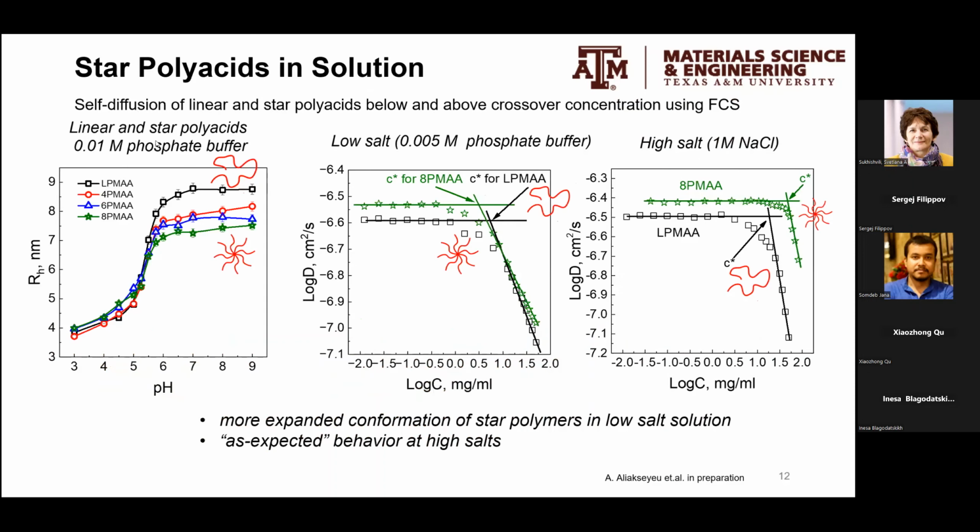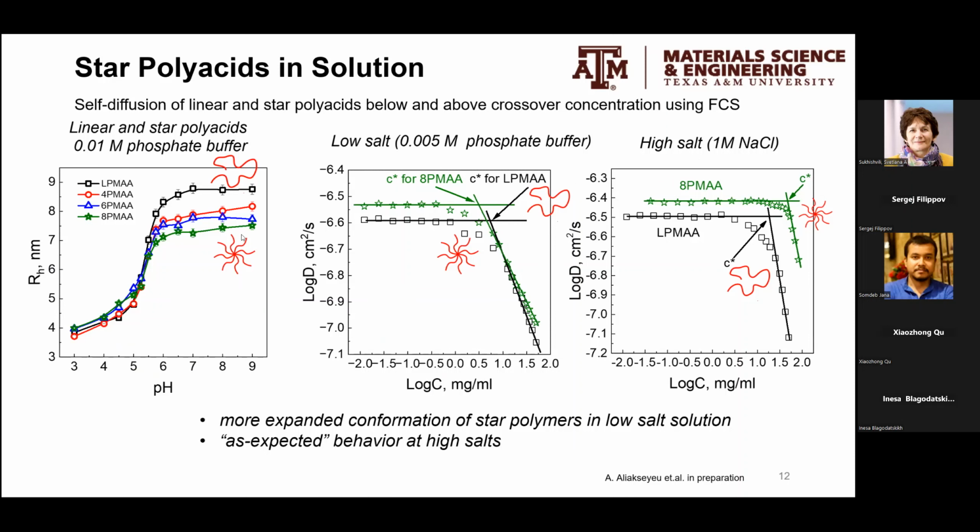So on the left, you will see the FCS, fluorescence correlation spectroscopy, results, which are done in extremely dilute solutions, down to several molecules in the cubic micron. The dependence on pH is interesting.